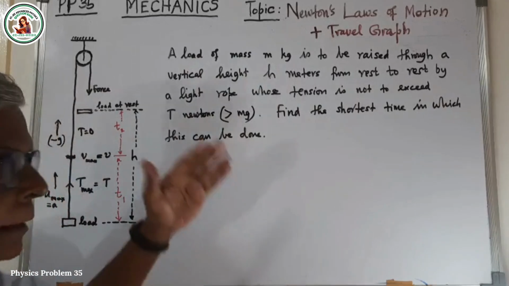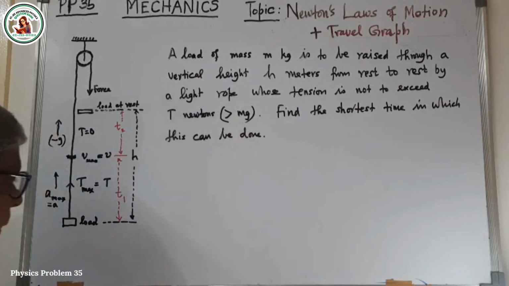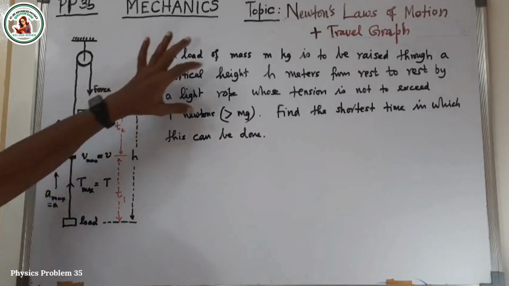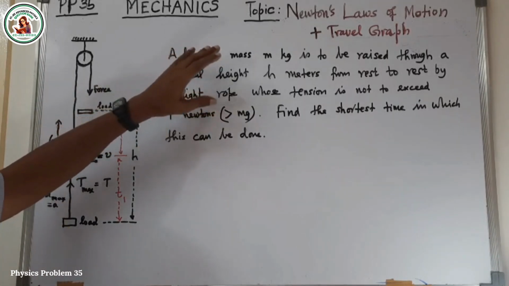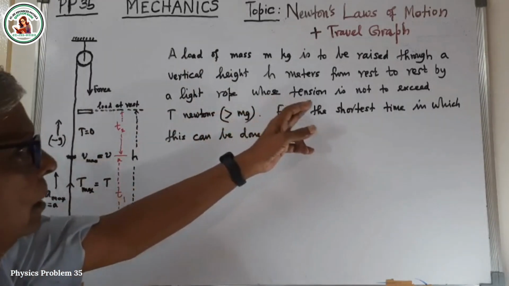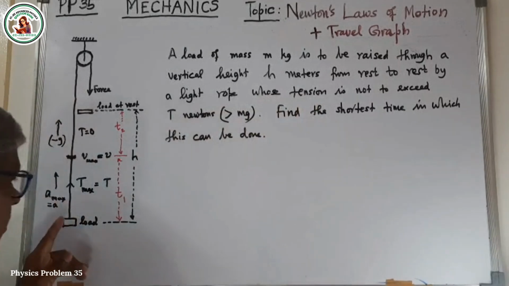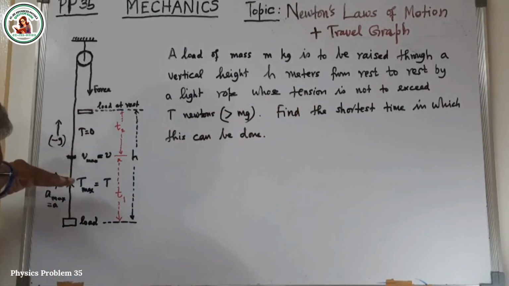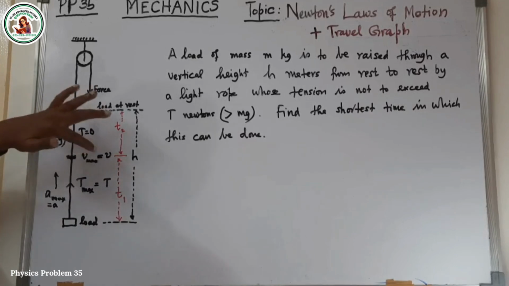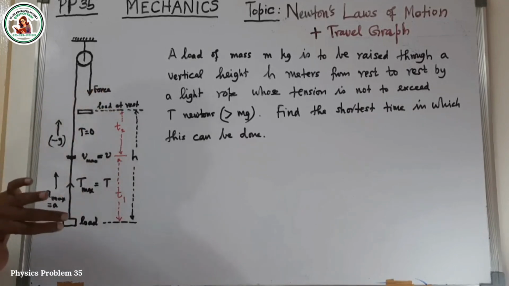So let us see the procedure involved. First it has to be lifted with the maximum acceleration that is possible with these conditions. At that maximum acceleration, it should be lifted to a certain height, and by then it will reach a velocity, starting from rest, a maximum velocity which I am denoting as v.